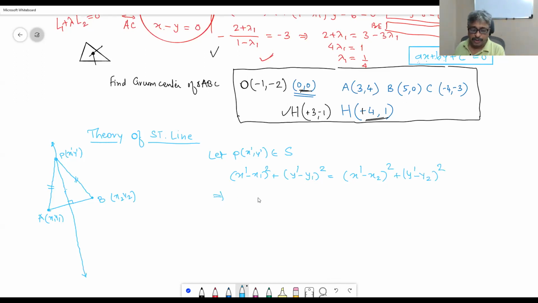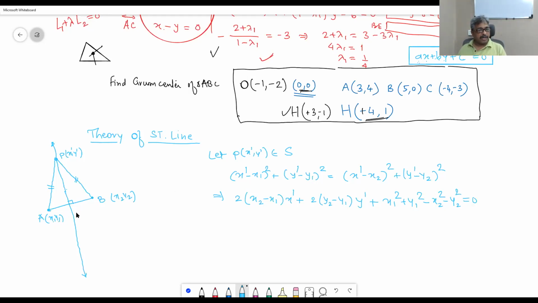If you simplify this, which you have already done, we will get 2 times (x2 minus x1) times x' plus 2 times (y2 minus y1) y' plus x1 square plus y1 square minus x2 square minus y2 square is equal to 0.